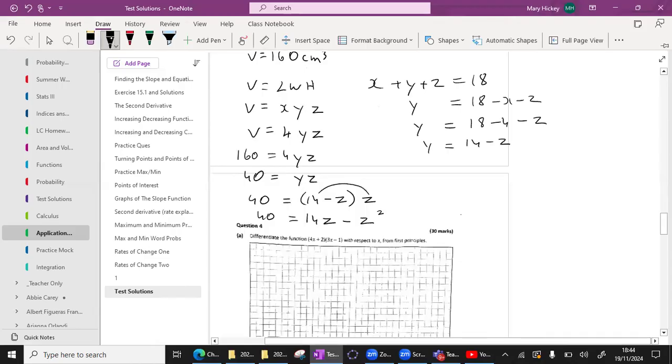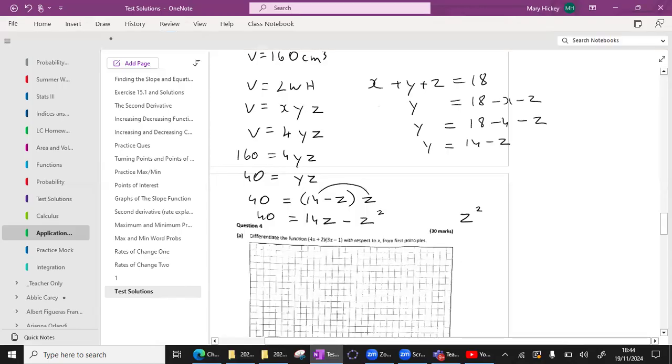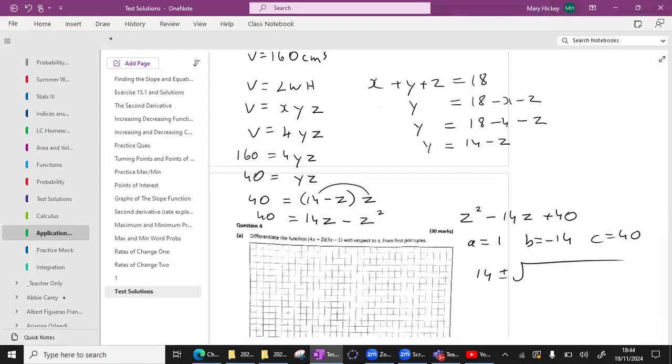So all to the one side is going to be z squared, so I'm going to put everything on the left, minus 14z plus 40. So my a is 1, my b is minus 14, my c is 40. Minus b is going to end up being plus 14, plus or minus the square root of b squared minus 4ac, all over 2a, which is 2 times 1, which is 2.